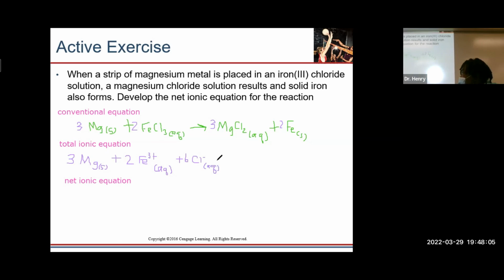Then that's going to yield 3 Mg. Is it going to have a charge? What is the charge on magnesium? +2. Aqueous.